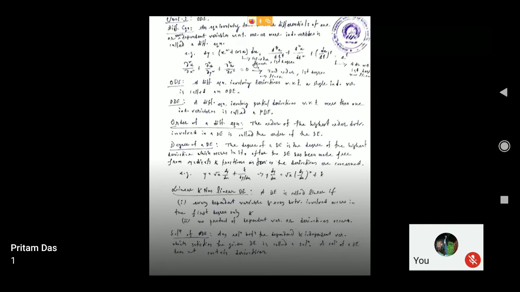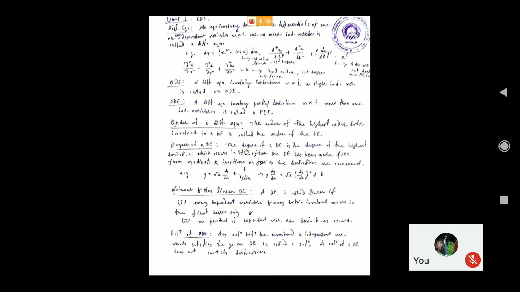First order, it is linear also. And the degree of a differential equation is the degree of the highest derivative. The highest derivative is 1, its degree is also 1. So it is first order, first degree. A differential equation is linear if every dependent variable and every derivative occurs in the first degree only, and no product of dependent variable or derivatives occurs.